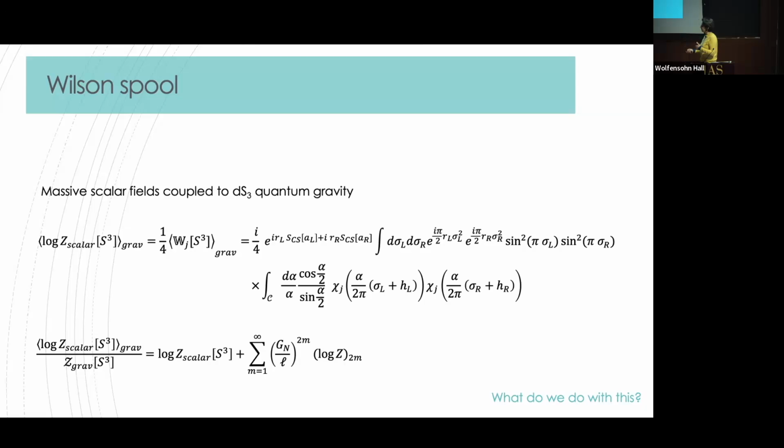It's just that you have to regulate various things when you have these links and knots. And so that we haven't done. And so the easiest computation for us to do was to just compute the expectation value of the log.